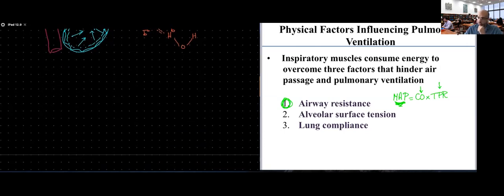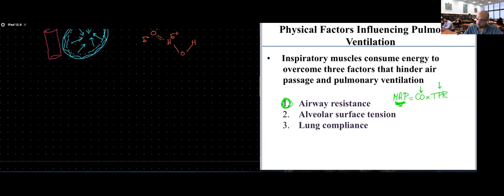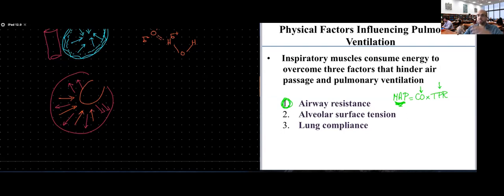Another factor that we're going to be looking at is how good is your lung expanding and recoiling back to its normal size. How good is the elasticity of my lungs?